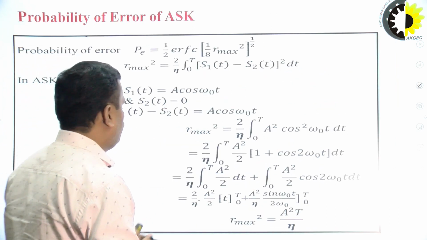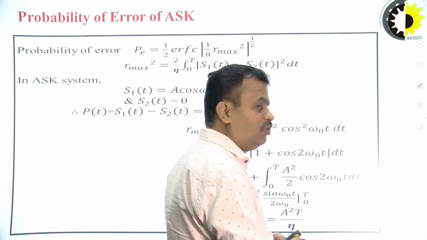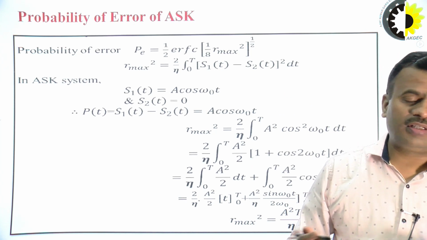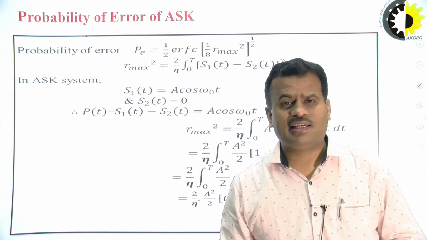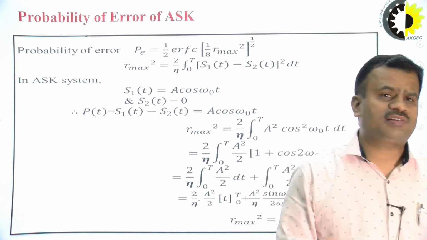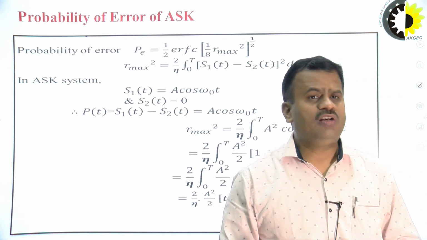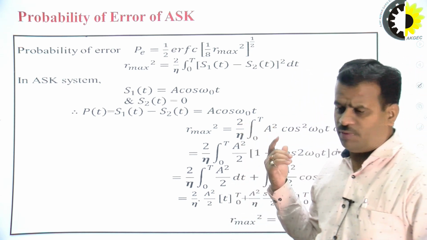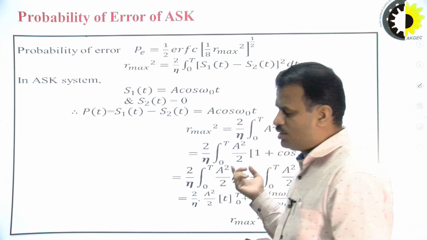Similarly, if I am calculating the probability of error in the matched filter, we can also get the probability of error in ASK, FSK, PSK, QPSK, DPSK, M-ary PSK, M-ary FSK, and so on. I am only giving one example, of the ASK technique.